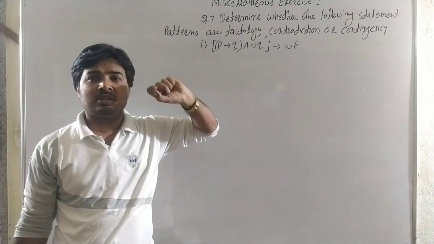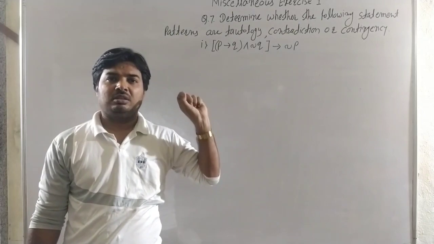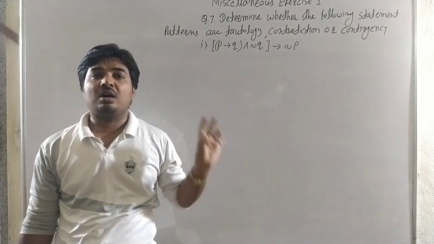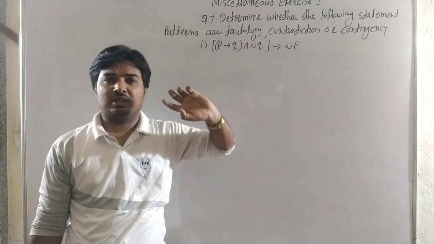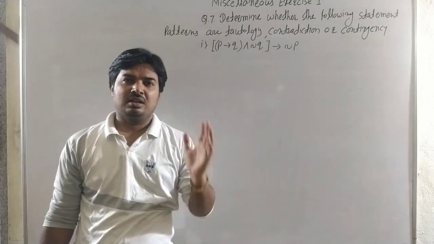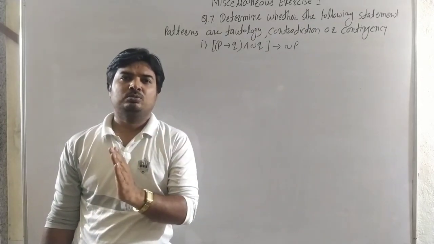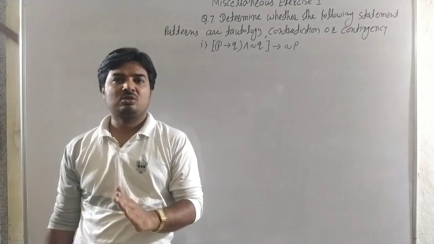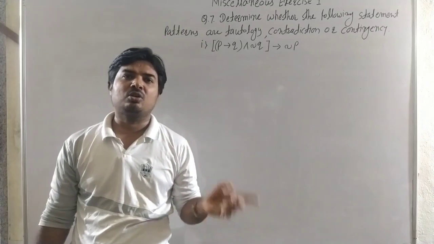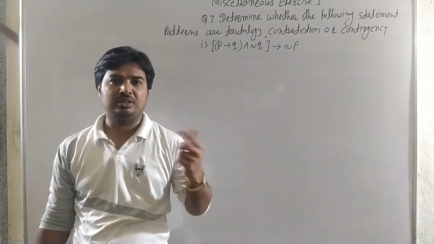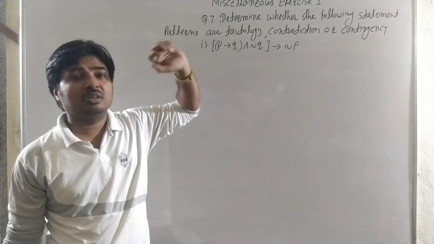And contradiction means if all entries in the last column of the truth table are false, then it is called a contradiction. And contingency means all entries in the last column are neither all true nor all false, that means neither tautology nor contradiction.